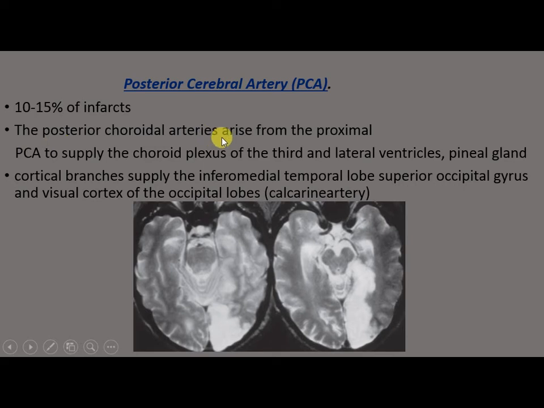The posterior choroidal artery arises from the proximal PCA to supply the choroid plexus of the third and lateral ventricles and pineal gland. Also, the posterior cerebral artery has cortical branches that supply the inferomedial temporal lobe, superior occipital gyrus, and the visual cortex of the occipital lobe by the calcarine artery.